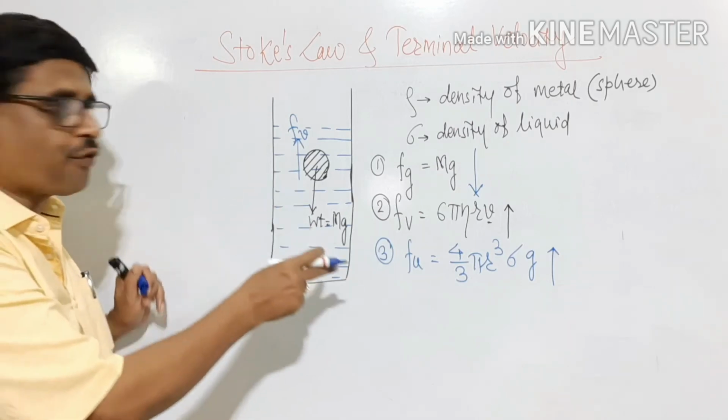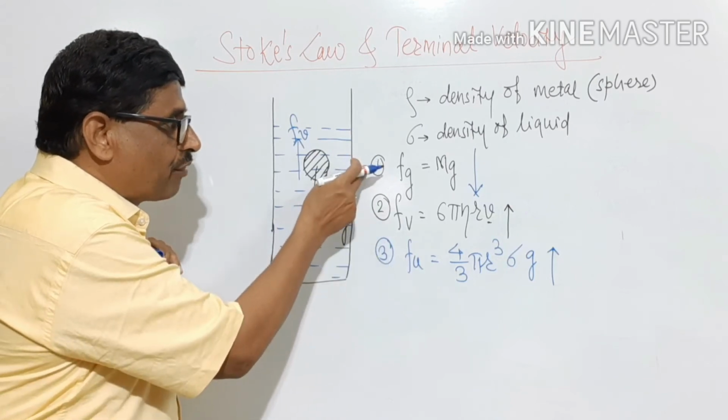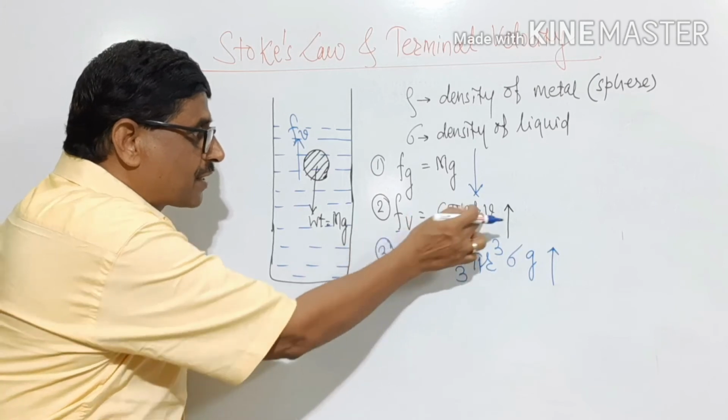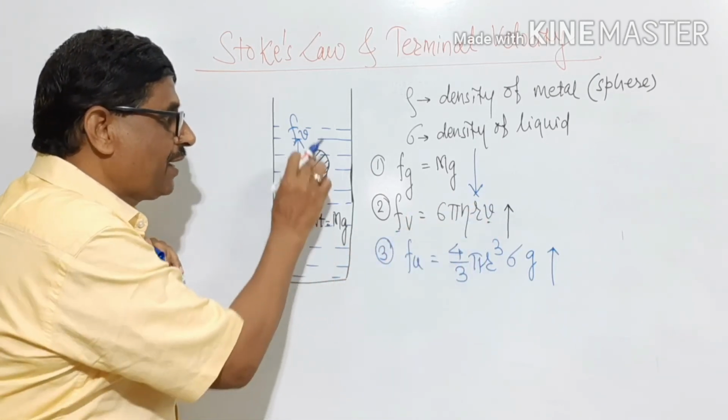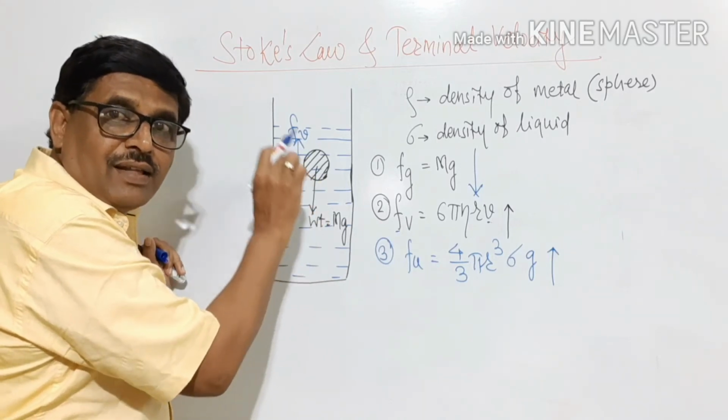These are the three forces acting on a spherical body. One is a downward force, the other two are upward forces. This force increases with velocity. Velocity increases with distance inside the liquid.